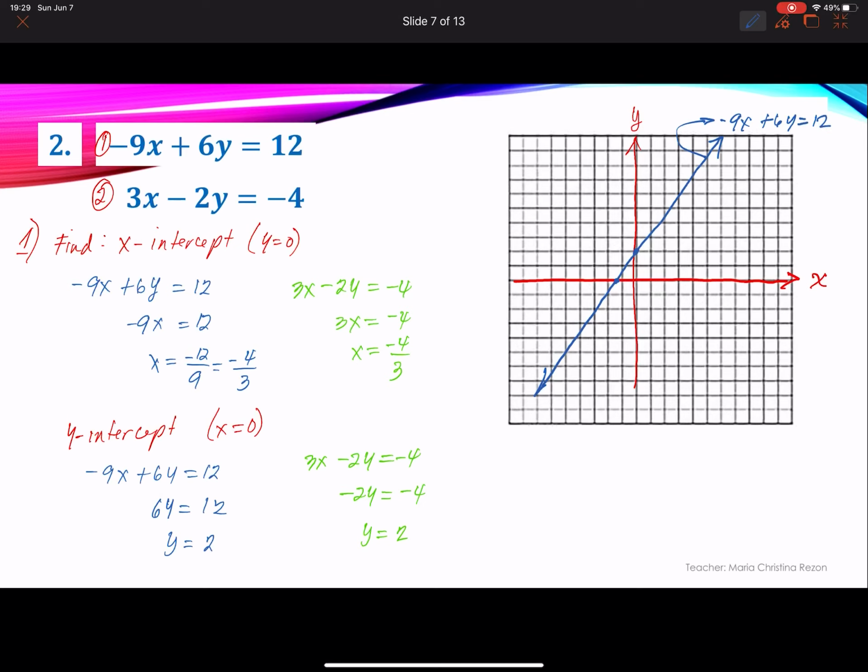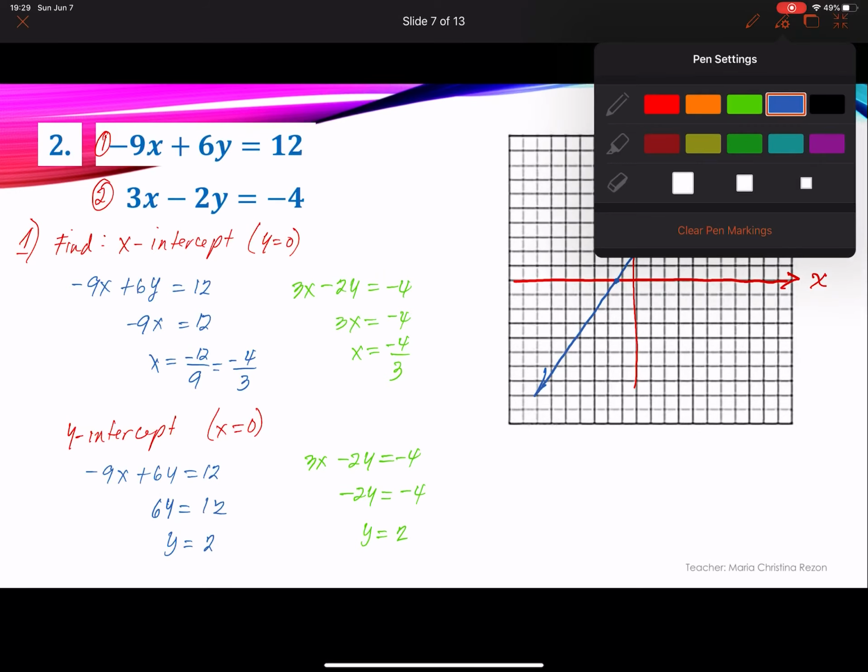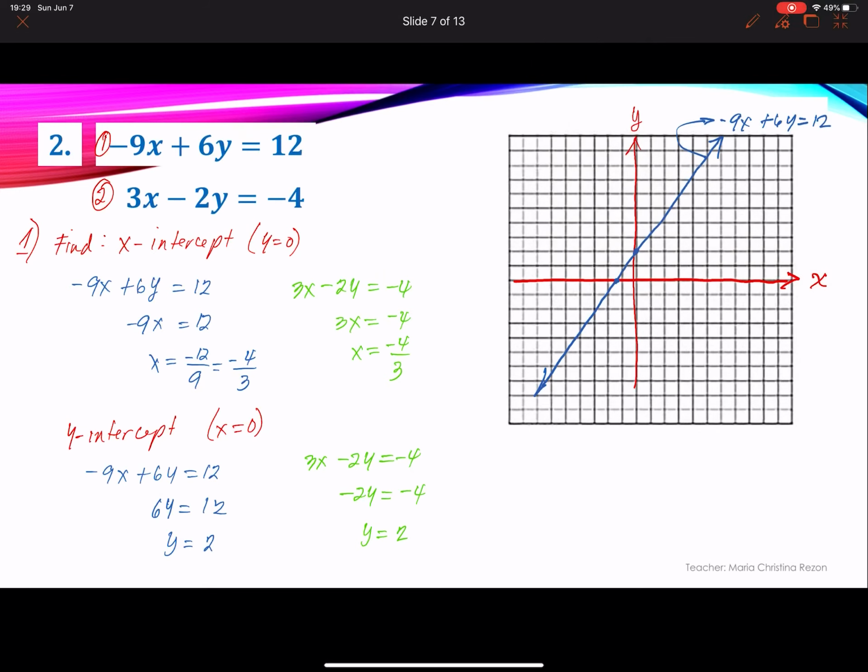Now, what about your second equation? Actually, they are just equivalent equations, so just the same. And this green one is the graph of your 3x minus 2y is equal to negative 4.